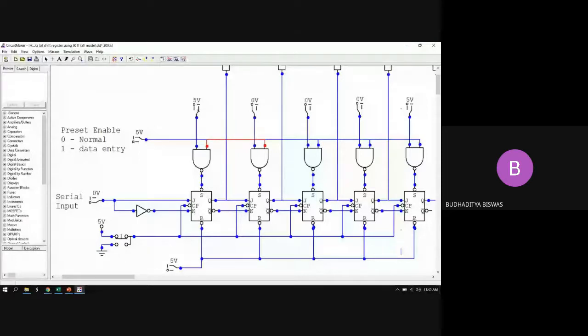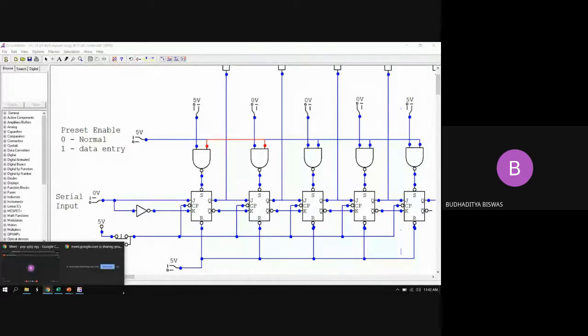Here you see it is now connected to 1. This input is connected to 1, and the preset enable input is also connected to 1. So that means what is the output of this gate? What is the output of this one, first gate, first NAND gate? One, because both the inputs are connected.